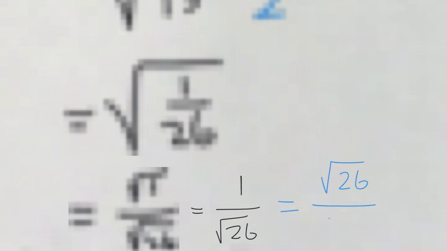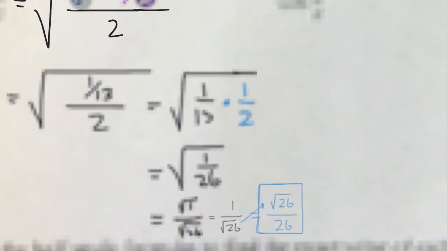Oftentimes, making it more simple requires some pretty complicated stuff. So this becomes positive 1, because that's what the square root of 1 is, over root 26. And then we're going to rationalize, and our final answer is going to be root 26 over 26. If you have a radical in the denominator, it goes to the top, and the bottom becomes no longer a radical.